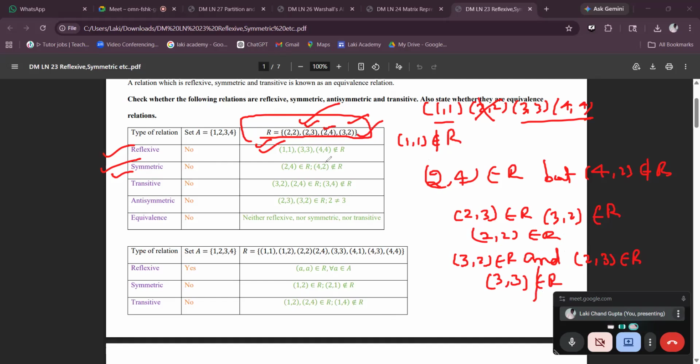But 3 comma 3 does not belong to R. Right? You can also check 3 comma 2 and any pair. If any pair dissatisfies the condition, then you can say not transitive.